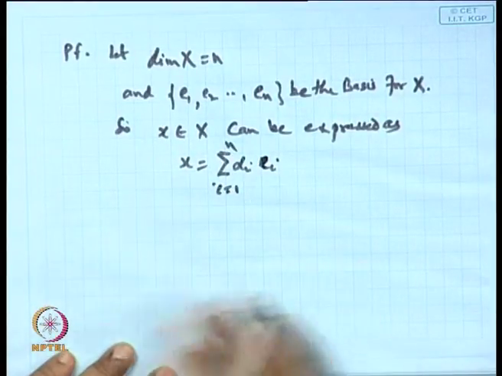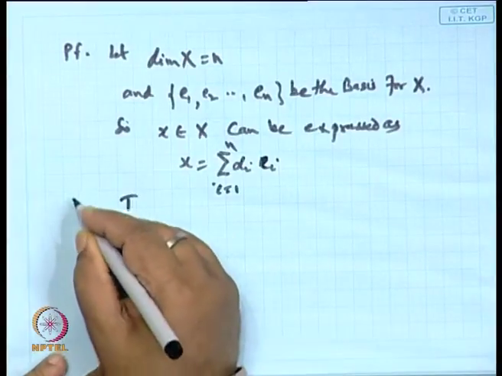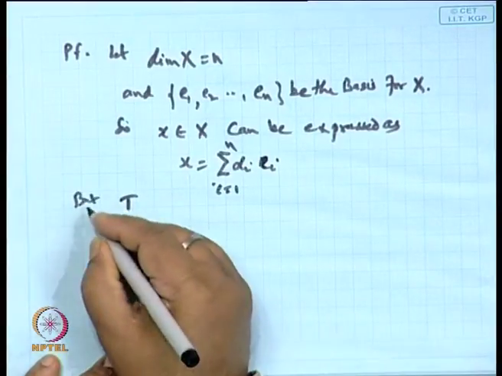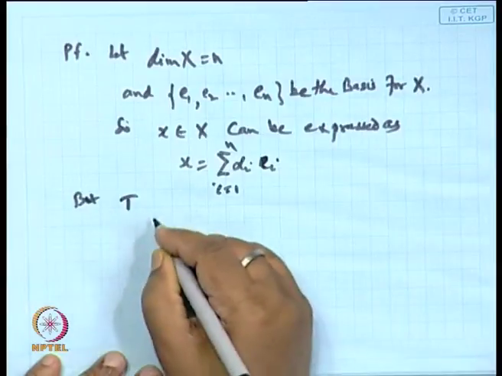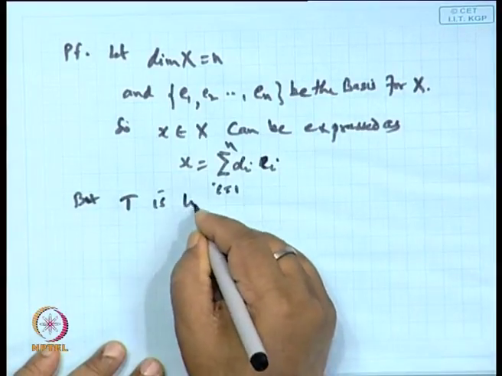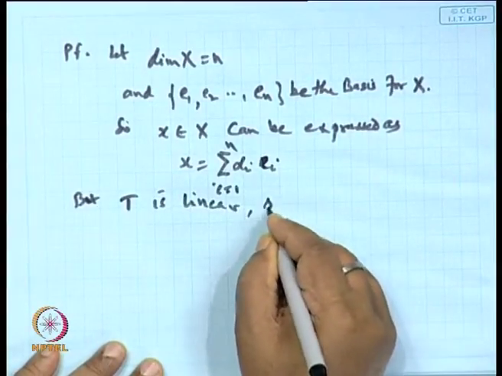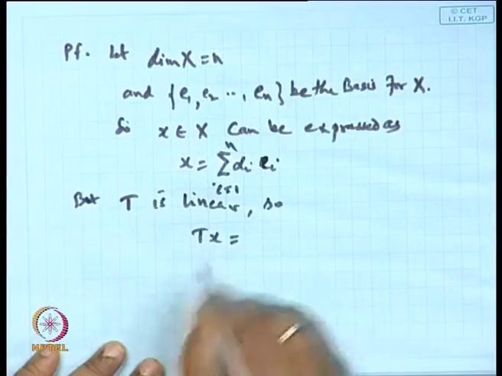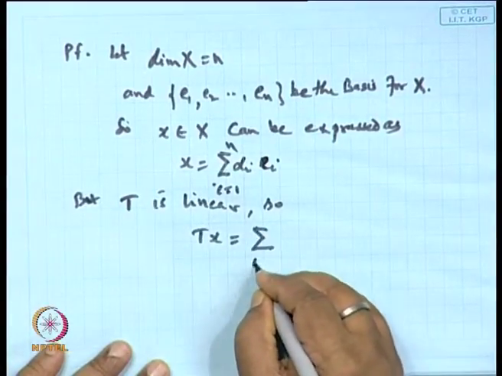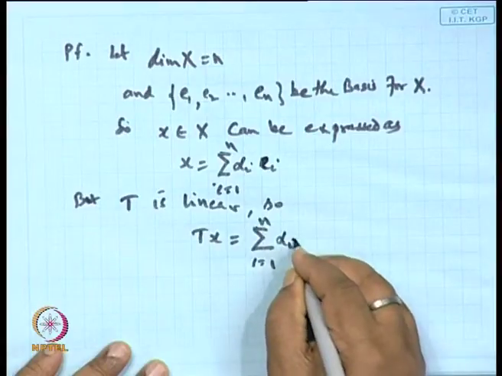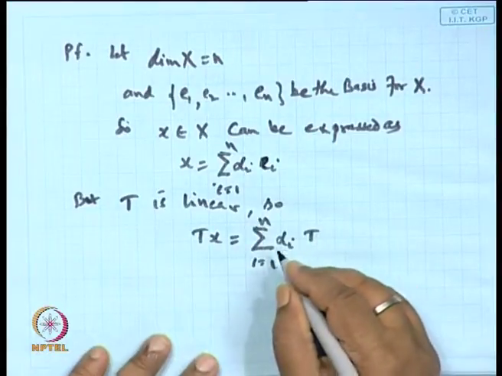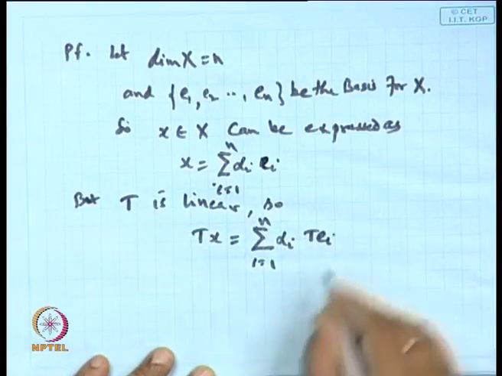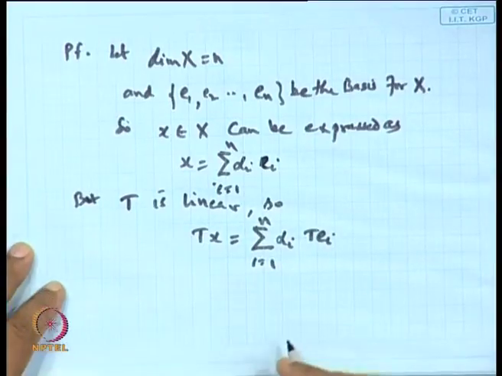Okay. But T is linear. So, the image of x under T becomes the sum i equal to 1 to n of alpha_i T(e_i).